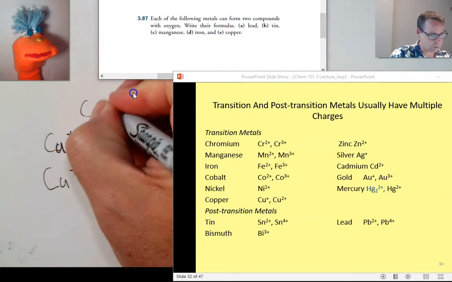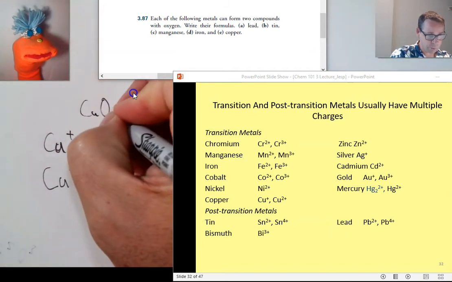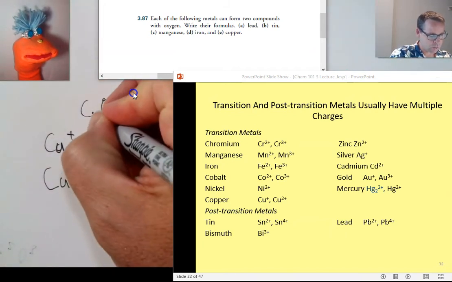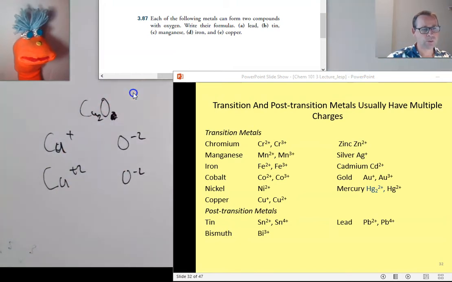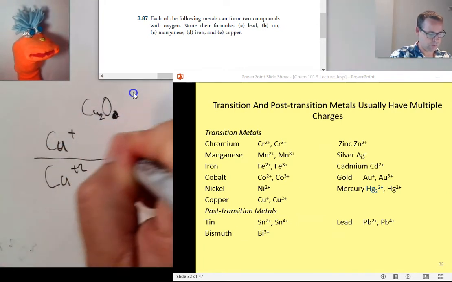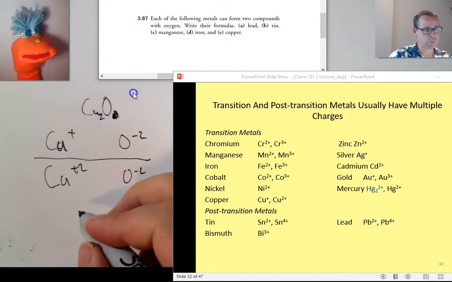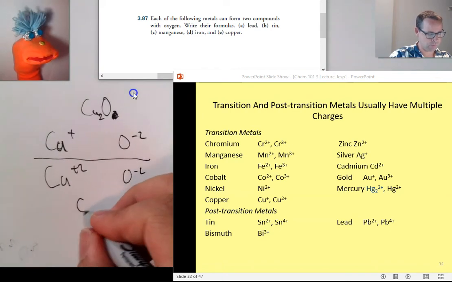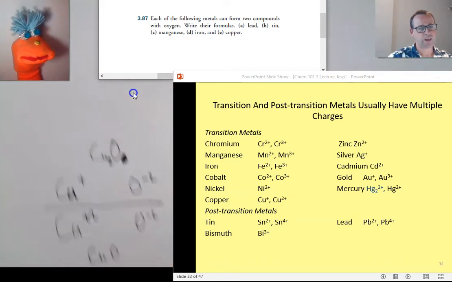Very good. Cu2O, that's what, copper 1 or copper 2? That's the one with the +1, so that's copper 1 oxide. Very good. And that would just be CuO, copper 2 oxide. Very good. Okay, excellent job.